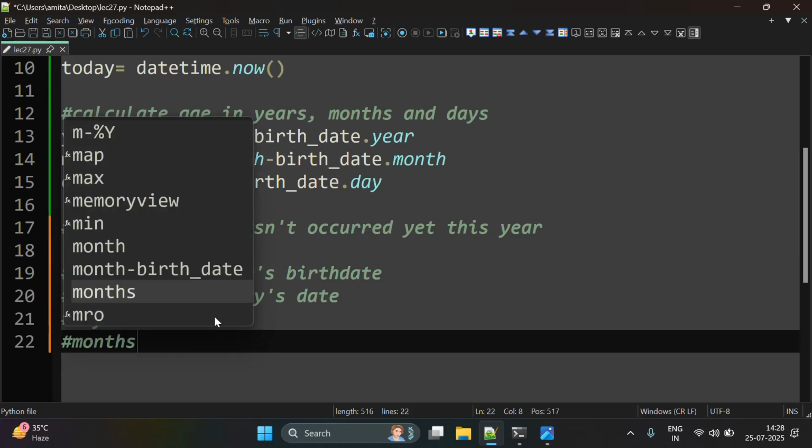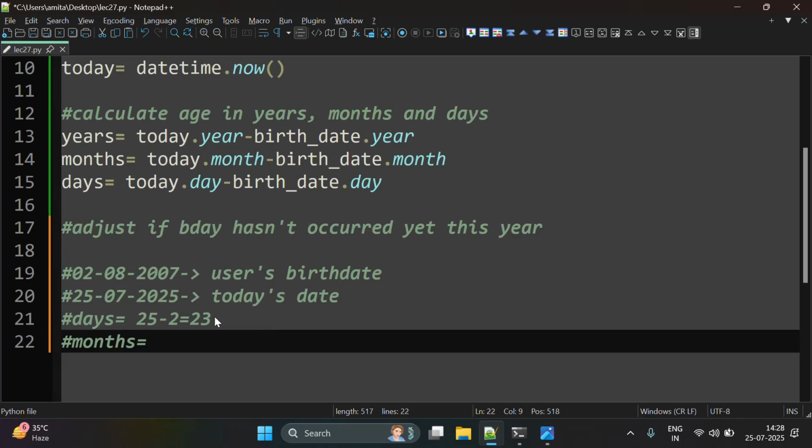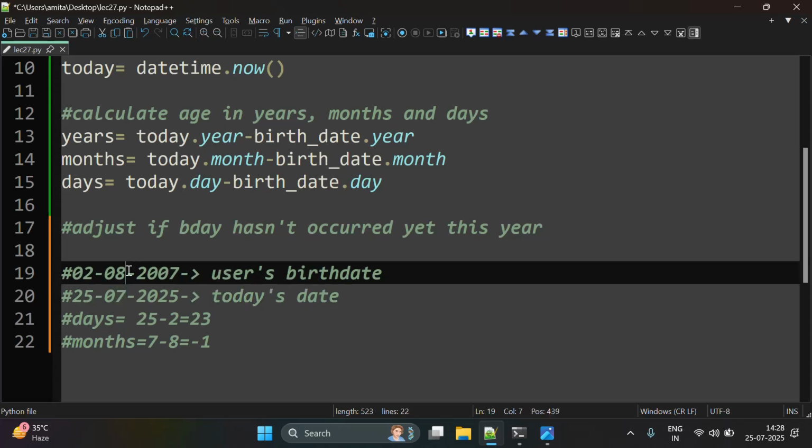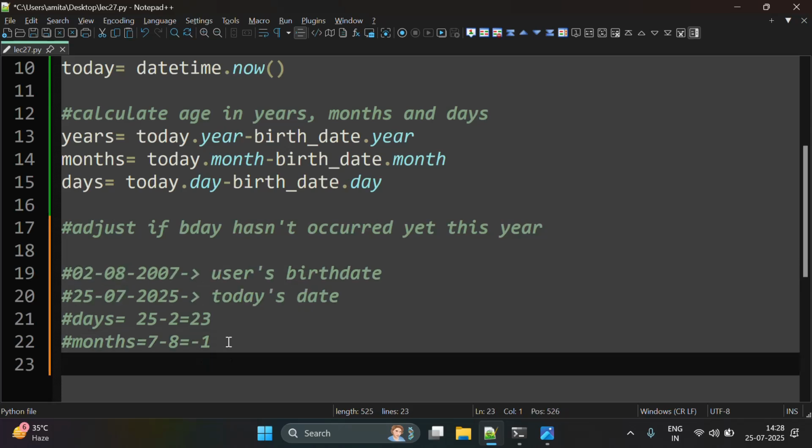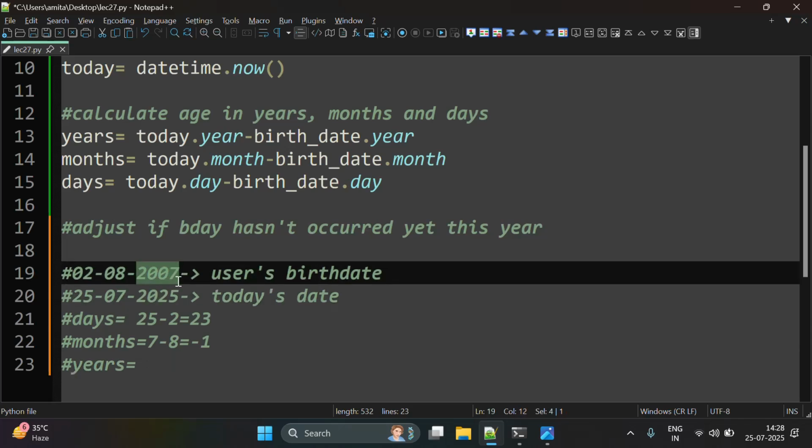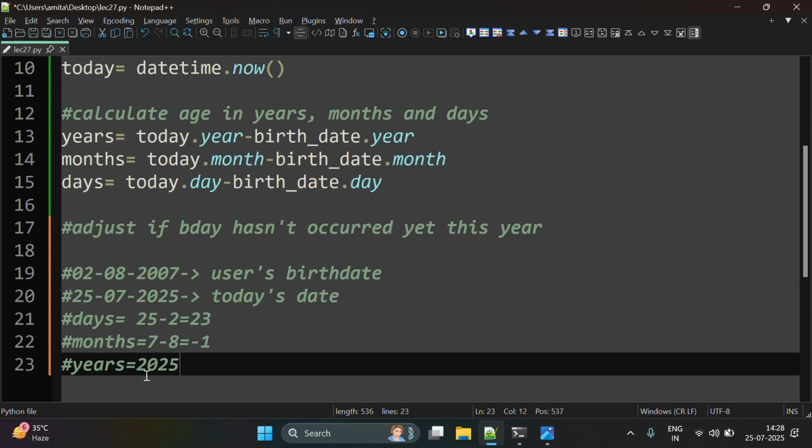Now let us see months. Months is 7 minus 8, which is equal to minus 1. Today's month is 7 and the user's birth month is 8. Months here is negative, so we need to adjust that. Years is 2025 minus 2007, which is equal to 18.